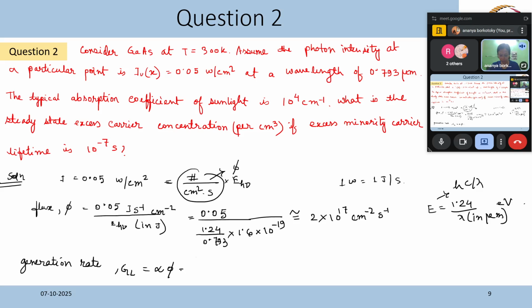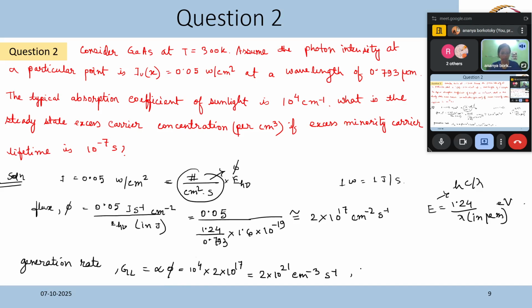So alpha is given to me as 10 to the power 4, into 2 into 10 to the power 17. So this is 2 into 10 to the power 21 per centimeter cube per second. So this is my generation rate of electron and hole pairs.